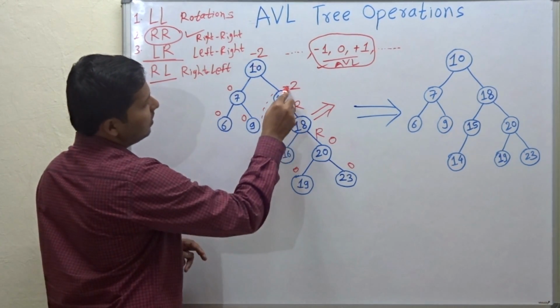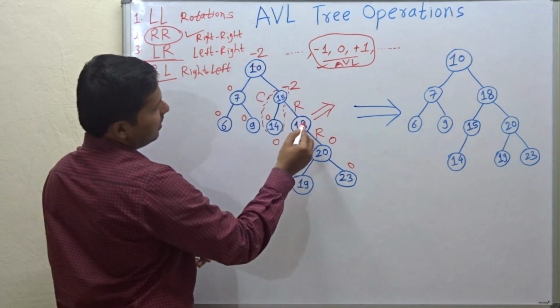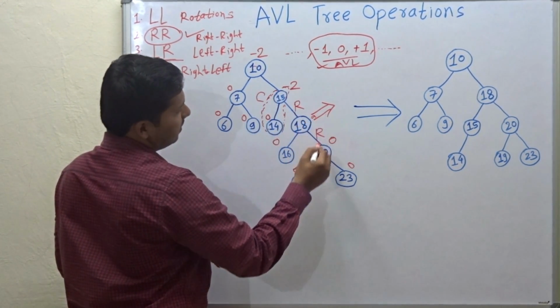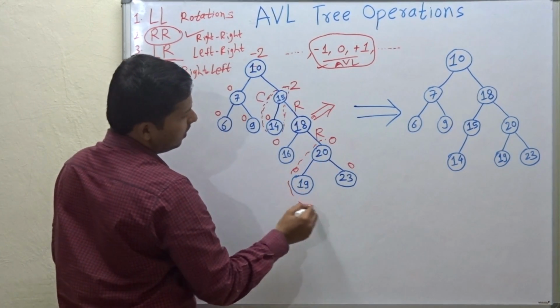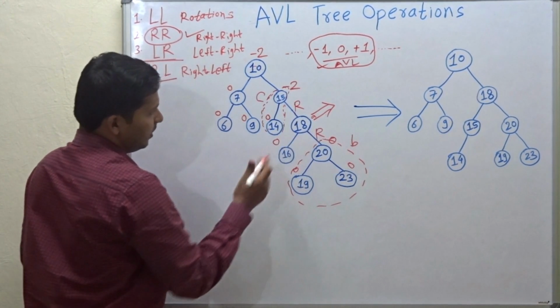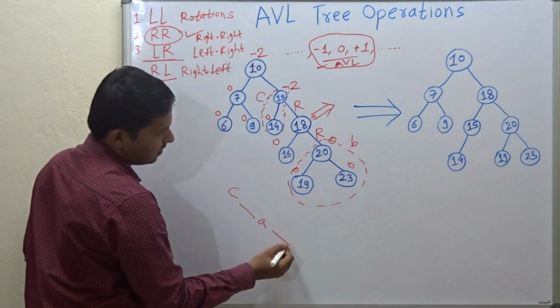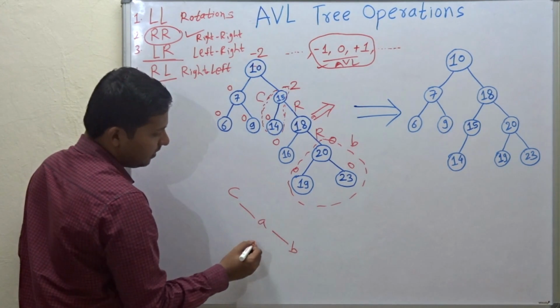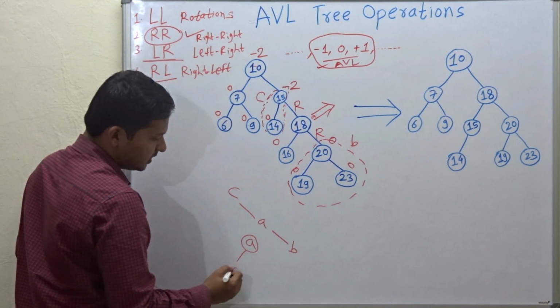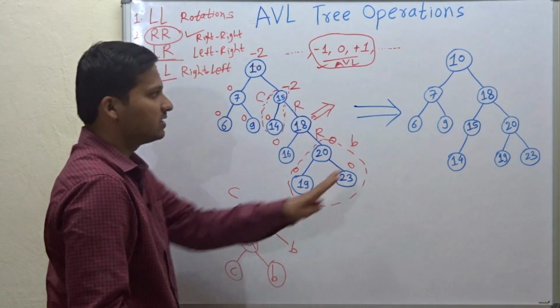Imagine this whole thing as C, A as 18 and the whole right branch as B. So if you see, this is the status here. So pull A, so A will be in the middle, C and B. So that is what is done here.